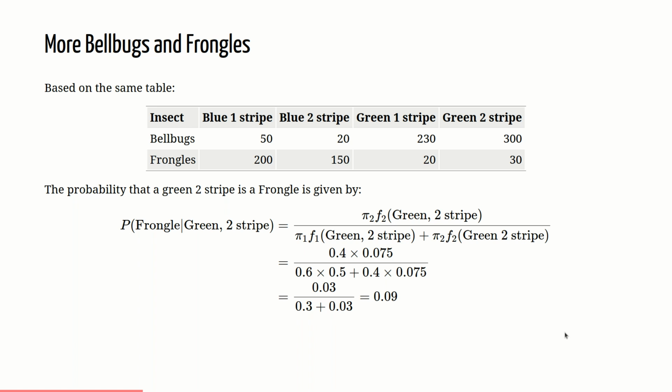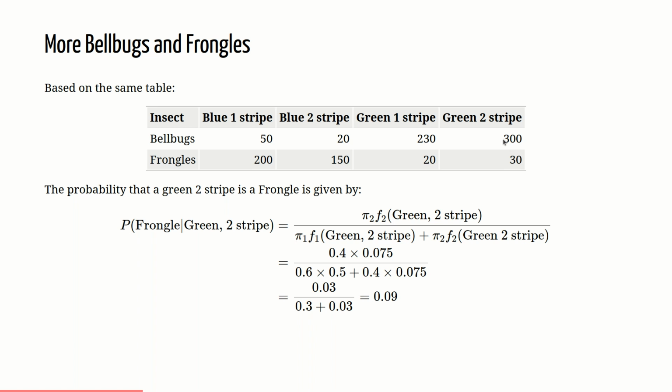What about if you're a green two-stripe? What's the probability that you're a frongal? Then it's going to be the prior probability that you're a frongal, which is 0.4, times the probability that you're a green two-stripe, given that you're a frongal. Green two-stripe is 30 out of 400, so that's 0.075. So that again is going to appear down the denominator. And then we also need the probability that we're a bell bug, which is 0.6, 600 out of 1,000.